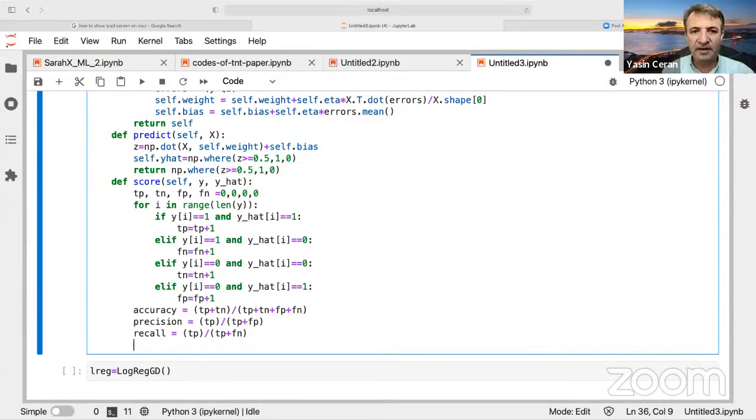Okay, and F1 score, F1 is 2 times precision times recall. It is basically 1 over or 2 over 1 plus 1 over precision plus 1 over recall. Okay, times recall, divided by precision plus recall.